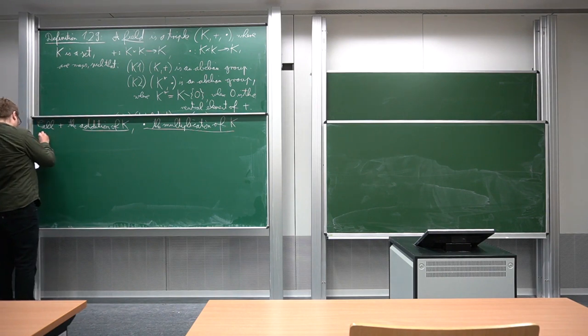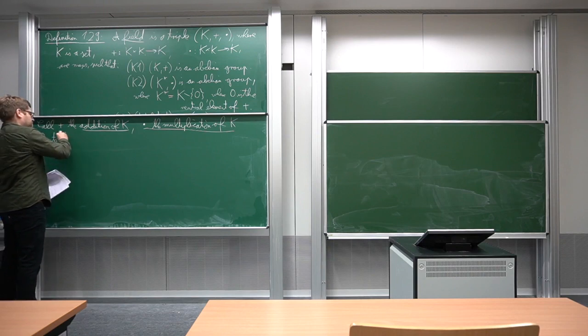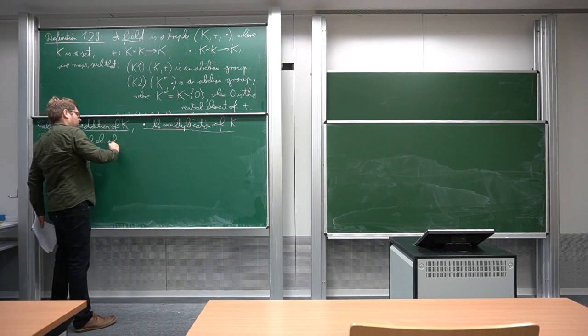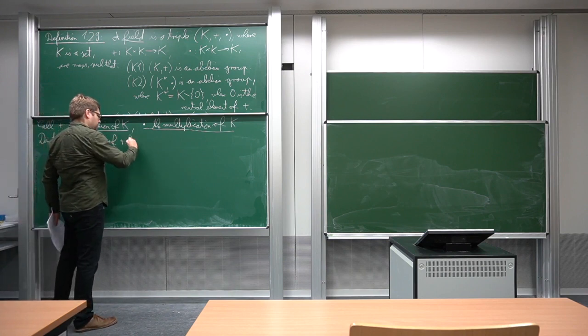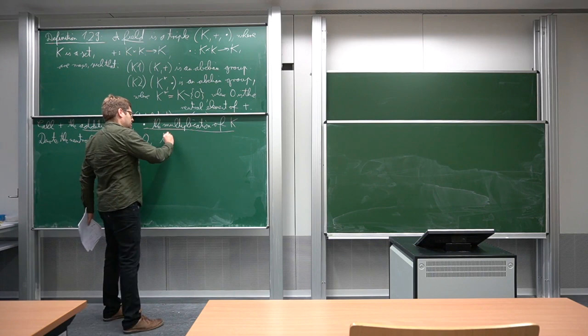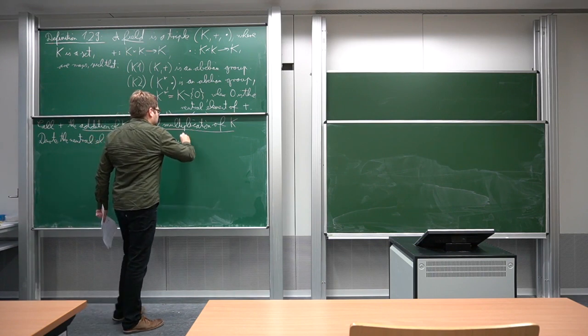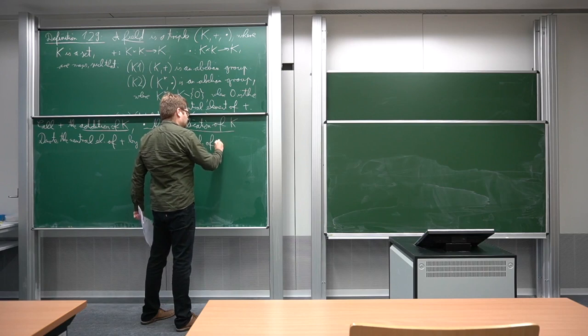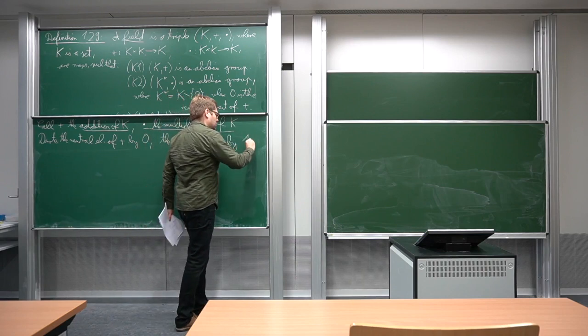Okay. Denote, this is what I already had, the neutral element of the addition by 0 and the neutral element of multiplication, the neutral element of dot, by 1.